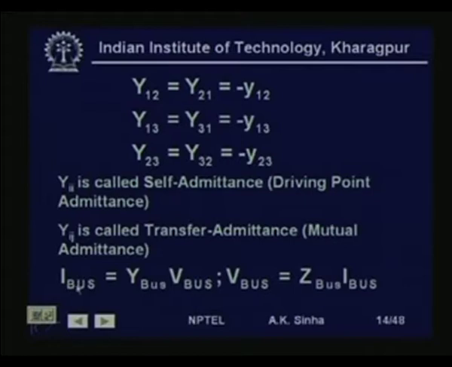But again, as I said, we do not have current injections; we know all the values in terms of powers. So, we have to write these equations in terms of power only, not in terms of I and V. So, we have to have P plus jQ in terms of Y and V. This was just to show you how to formulate Y bus.